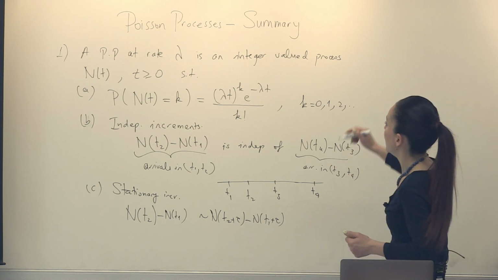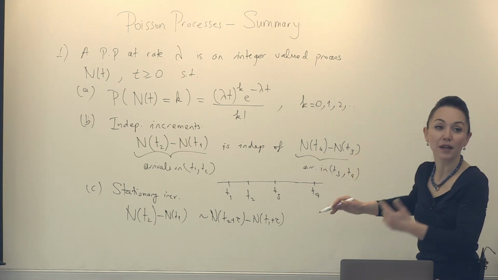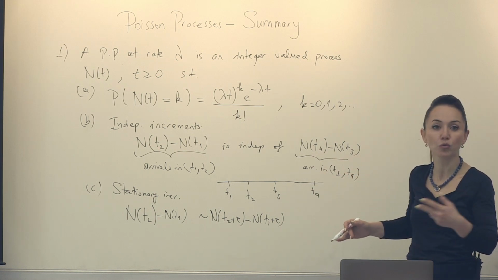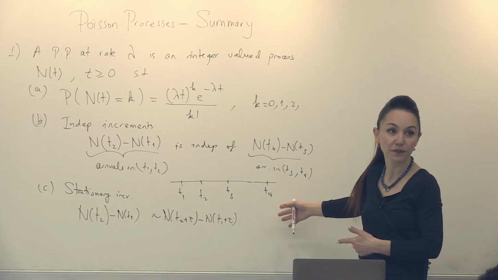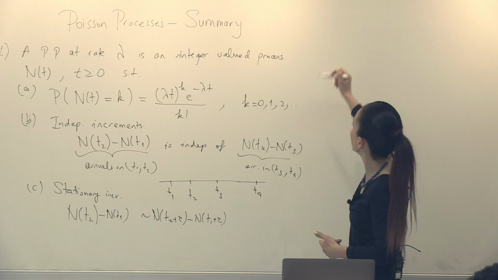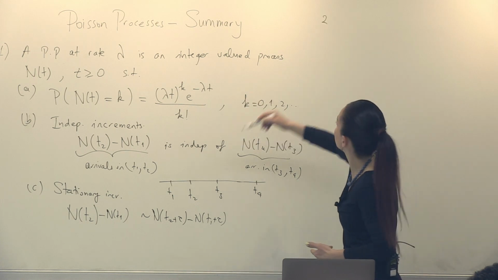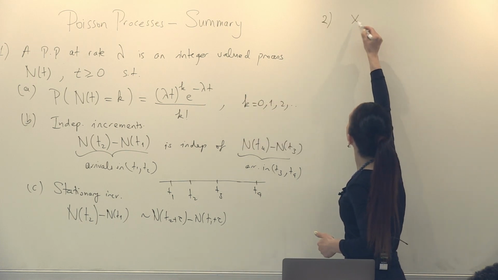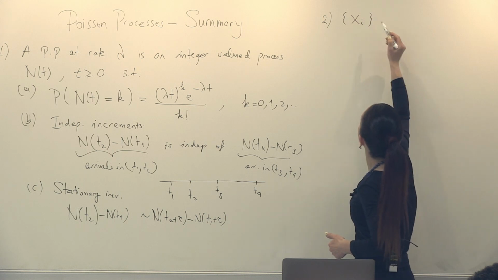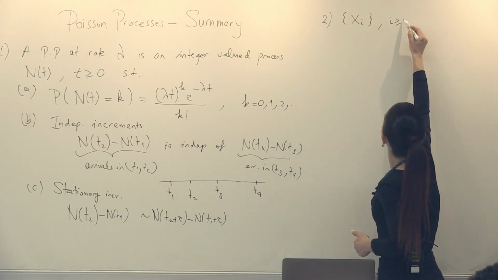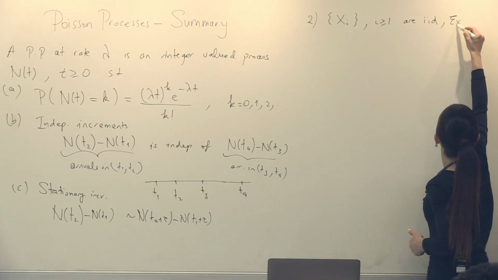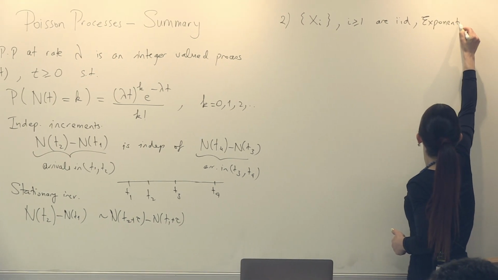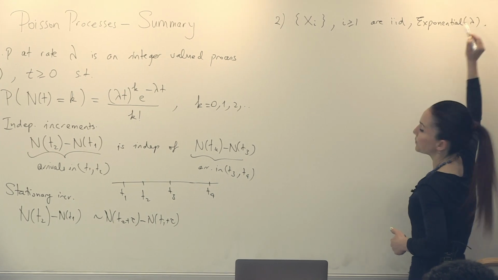Right. Now, as a consequence of this definition, and you remember that we had two alternative definitions to this, but this is a complete definition in itself, we can write that the Xi's, the inter-arrival intervals, are IID exponential with rate lambda.